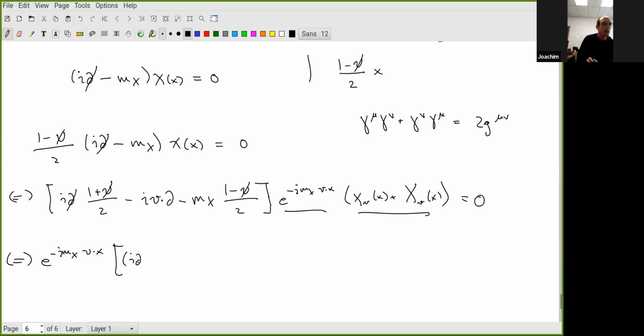So I have i d-slash that now acts on these fields, and we get a term from acting on this exponential, which is just m_chi v-slash.